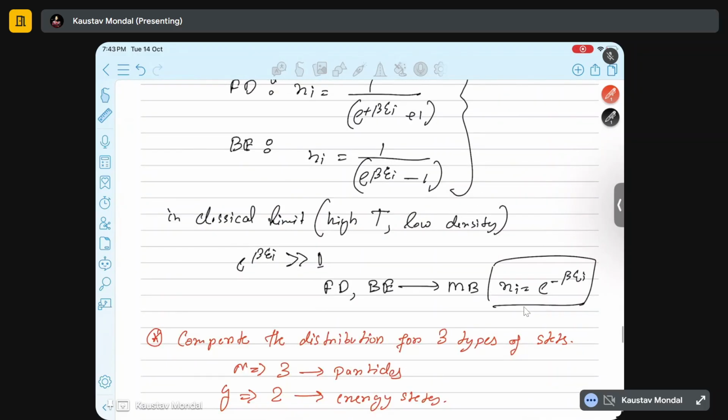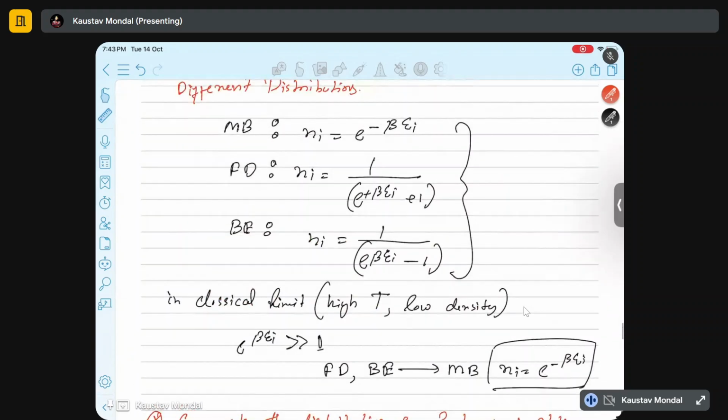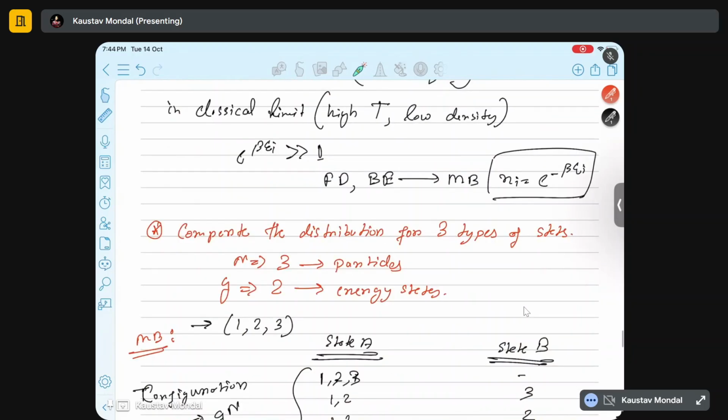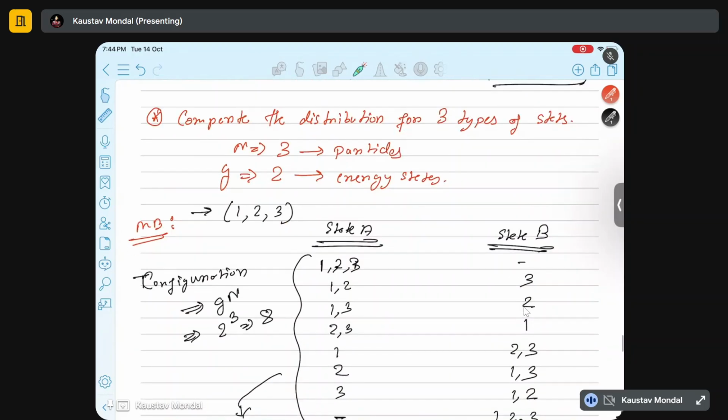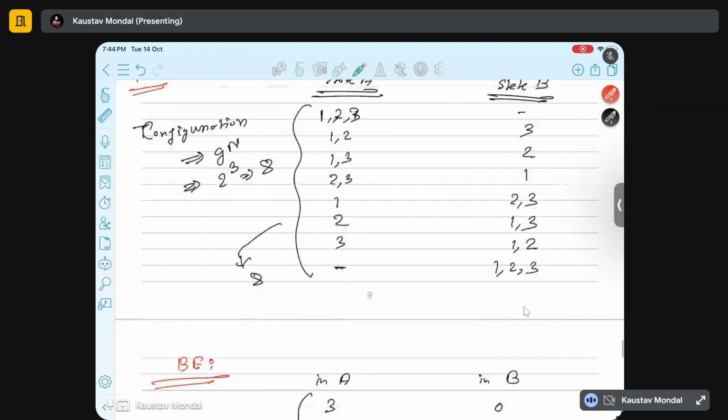Okay. So we have discussed the different types of cases. These are basically the 3 different types of statistics or distribution that can happen. Now, if there are 3 particles and 2 states, how the particles are distributed differs for each statistics.